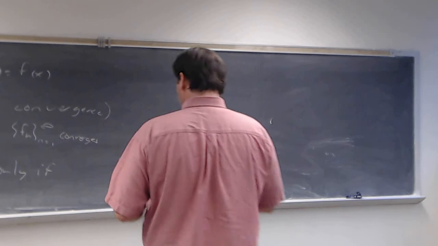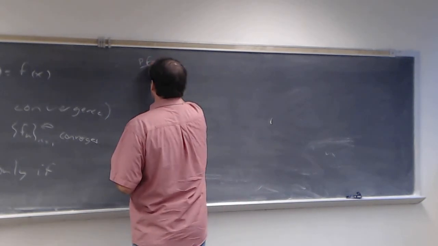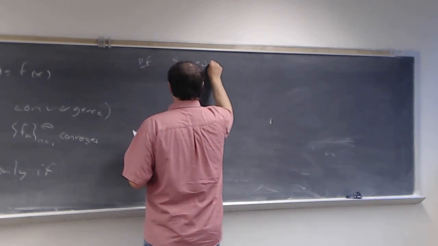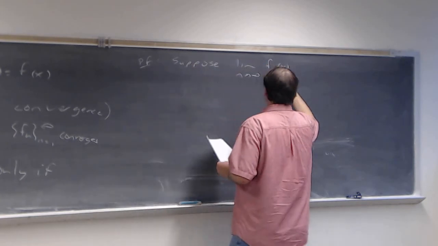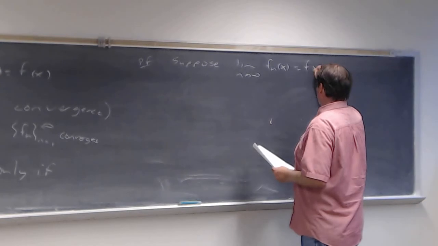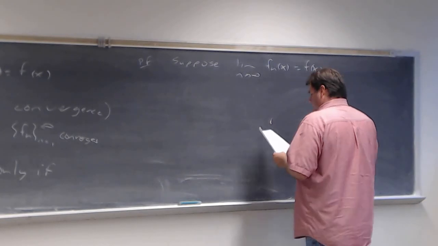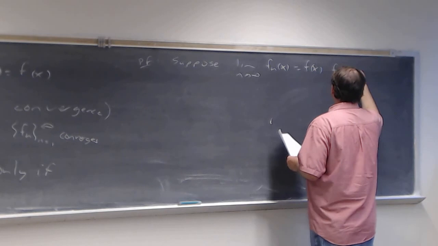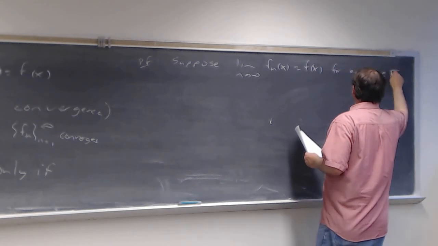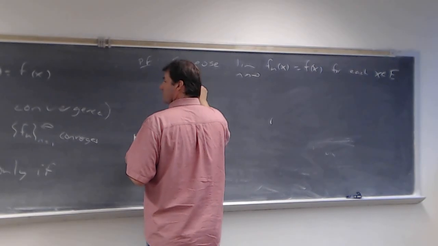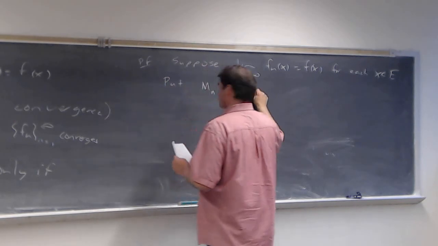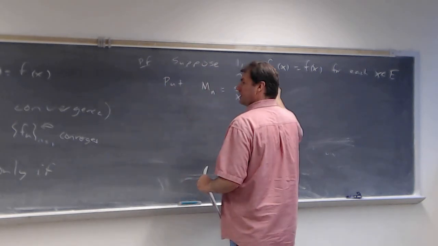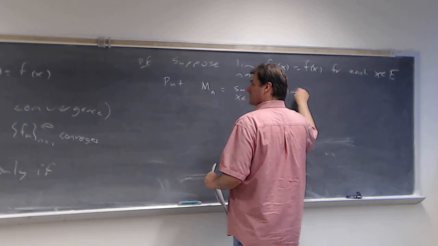Okay, so we want to look at the proof of this theorem. And we suppose the limit as n goes to infinity of f sub n of x equals f of x for each x in E. We're going to put, as the hypothesis says, this M sub n equal to the sup over all x's in E of the norm of f sub n of x minus f of x.